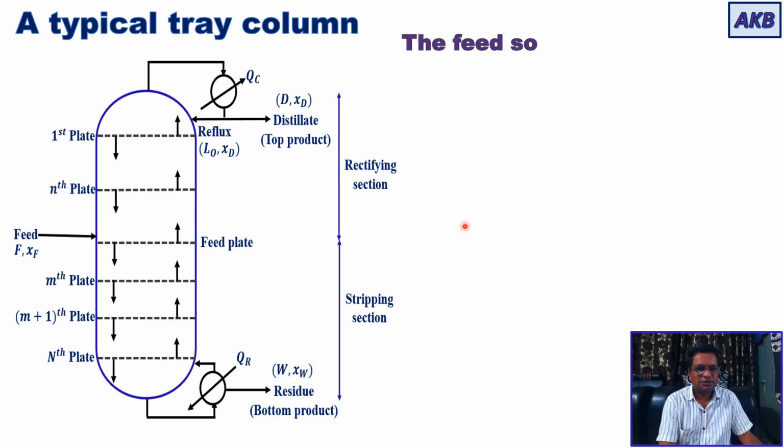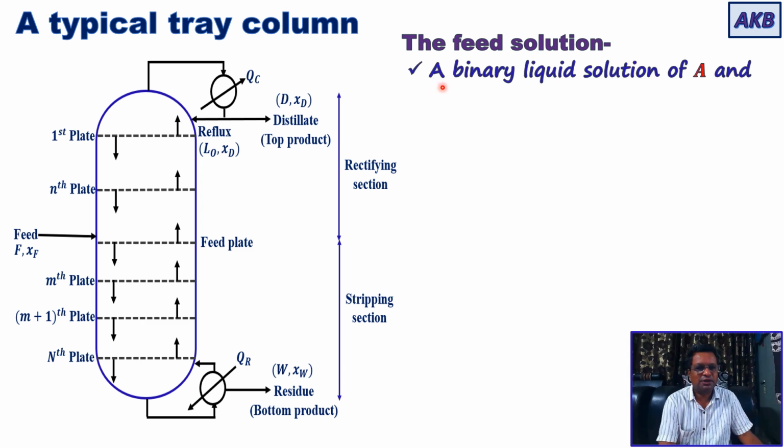The notations that we are going to use, let us understand the feed solution. The feed solution is nothing but a binary liquid solution of two components. Which are these two components? Component A and component B. Out of A and B, A is the more volatile component.